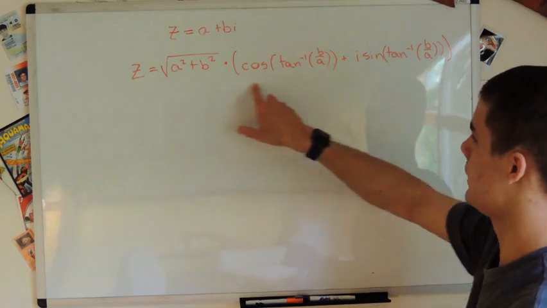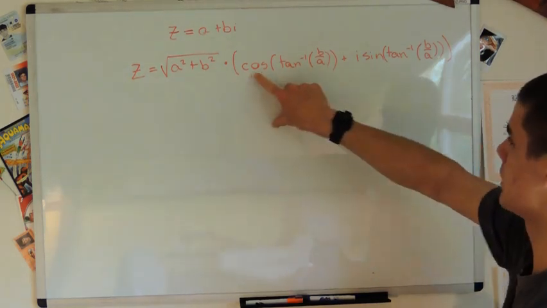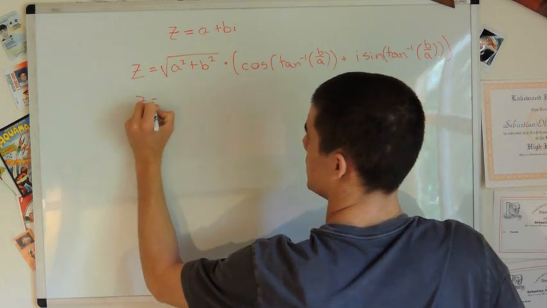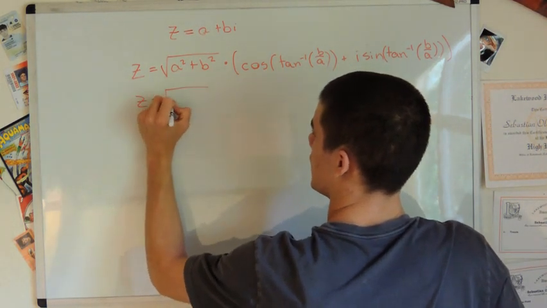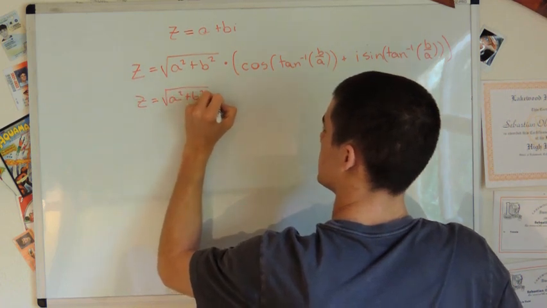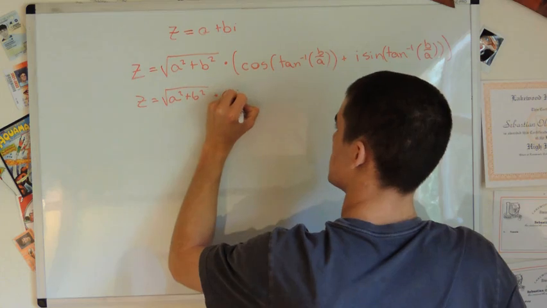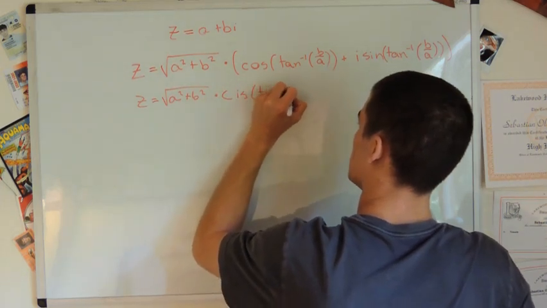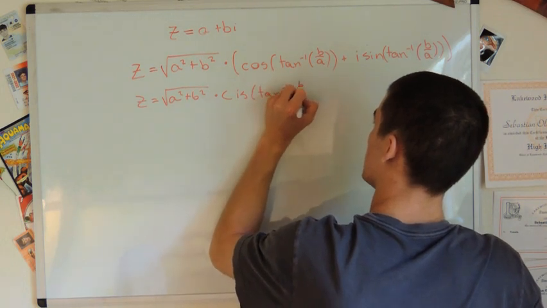You'll often see this abbreviated as cis, which just means cosine plus i sine. So z is going to equal the square root of a squared plus b squared times cis arctangent of b over a.